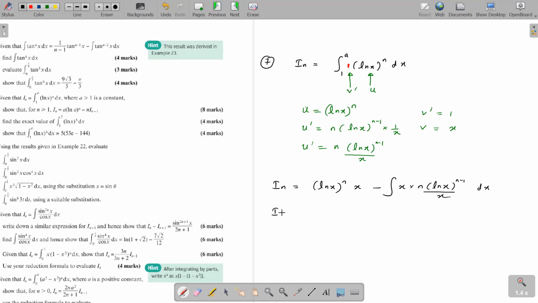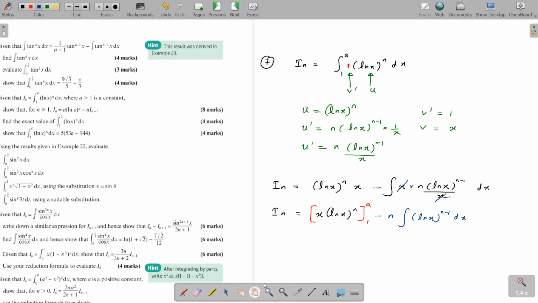So I get here I_n equals x times (ln x) to the power n. I think we had integration limits here, right? To the part that is done with the integration, you can apply the limits from 1 to a, because you're done with the integration. In the other section, what's going on? The x and x will cancel out, right? And we can take n out, and I end up getting inside the integral (ln x) to the power n minus 1.